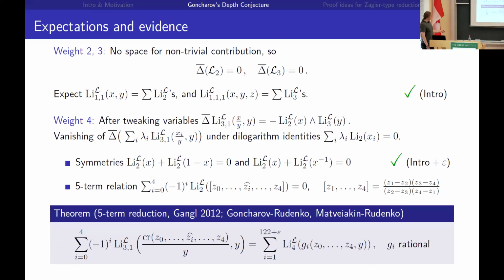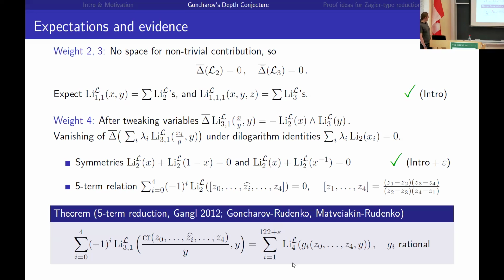So I'll just say here that for this 5-term relation, you can also write down and find, again, in this modulo product setting, some increasingly complicated series of terms on this side where you're plugging in rational functions. This is something you really don't want to see in full, but you can find it explicitly.